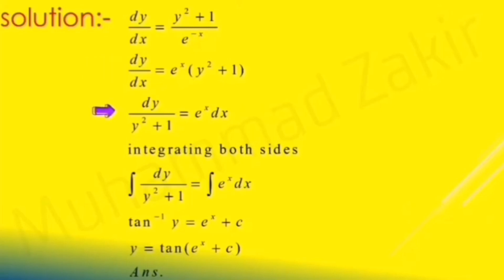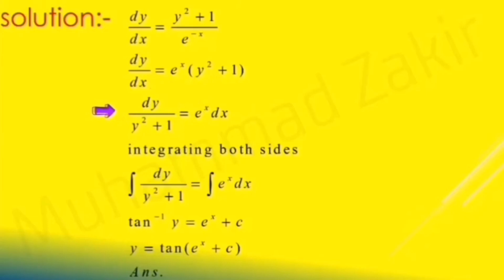After that we take y square plus 1 to the left side under dy. Dy by y square plus 1 on the left side is equal to e^x, which is already on the right side. We bring dx from the left side to the right side, where dx will be in product with e^x in the numerator.